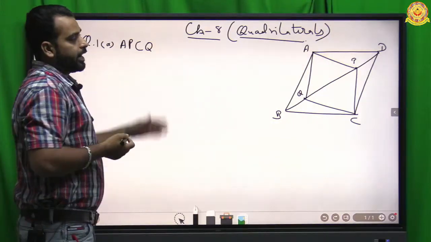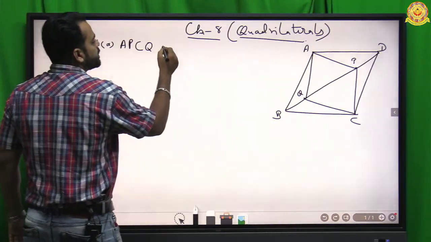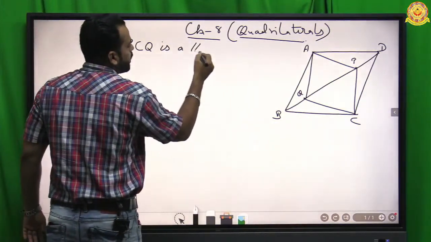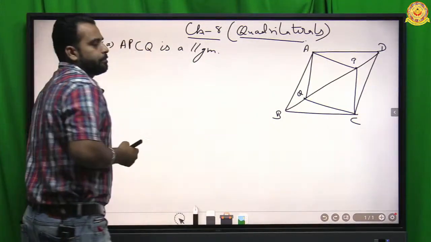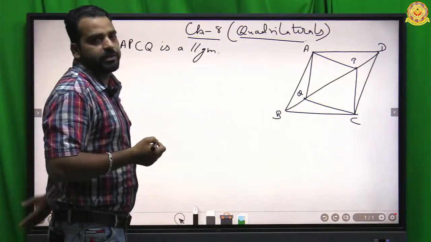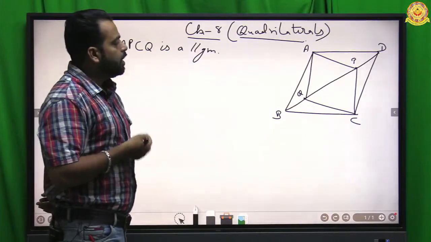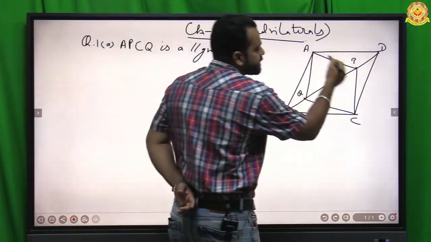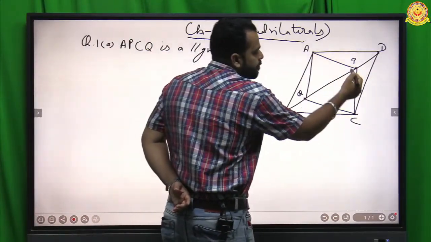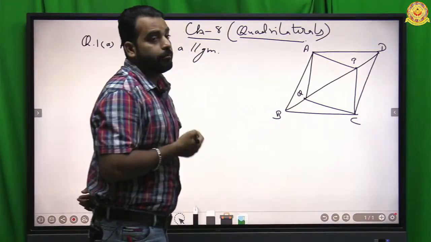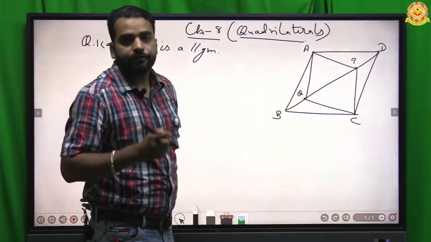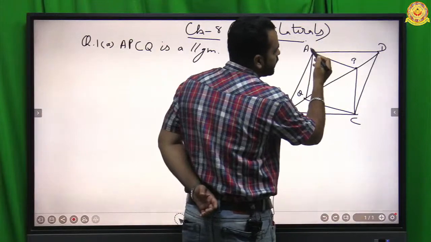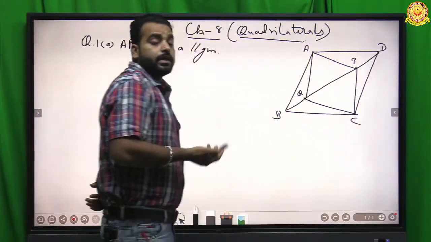So let's prove that APCQ is a parallelogram. This is the sign of parallel and gm means gram, parallelogram. If we need to prove this figure APCQ is a parallelogram, in the question the given statement is that the outer quadrilateral ABCD is a parallelogram.